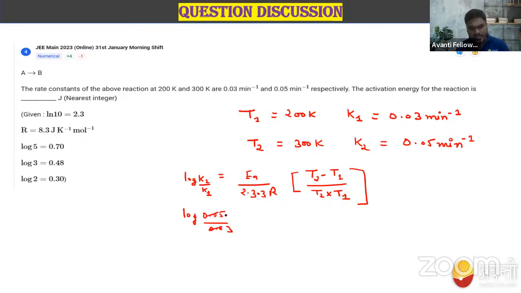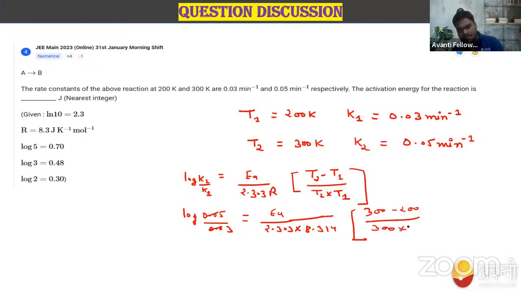So this will cancel out each other. This is log 5 by 3. This is Ea, this is 2.303, and this is R. What value of R will you take? It's given: 8.314. Okay? And what is T2 minus T1? T2 is 300 Kelvin minus 200 Kelvin, multiplied by 300 into 200.